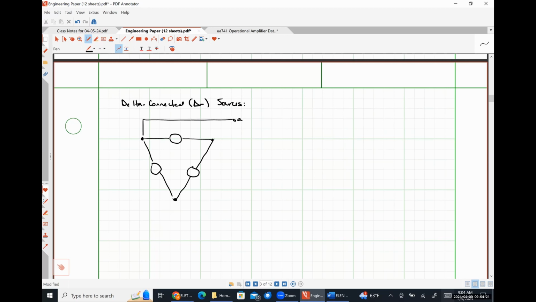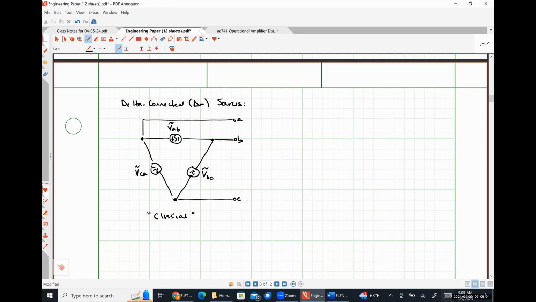So this will be our A, B, and C terminals. So we're going to have some voltage VAB like so, some voltage VBC like so, and then some voltage VCA like so. So this is our classical representation.